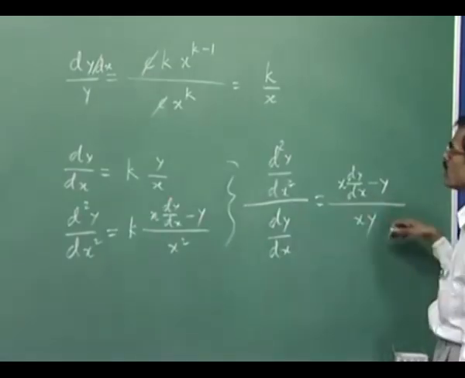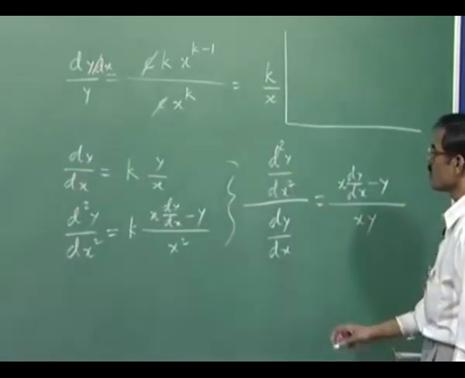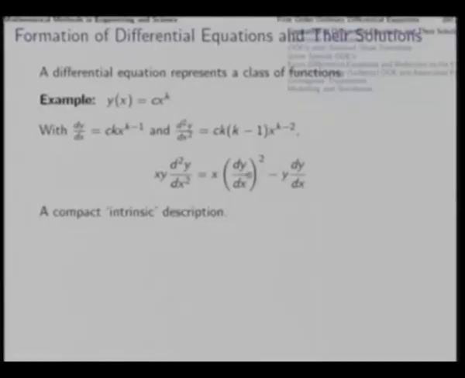Now, you cross multiply and find xy into this will be dy by dx into this, and you have got this differential equation. So, this gives you a relationship between x, y and its own derivatives dy by dx and d2y by dx square. Eliminated are all the parameters c and k.